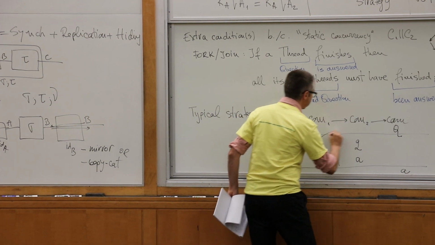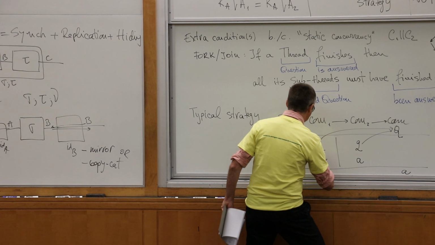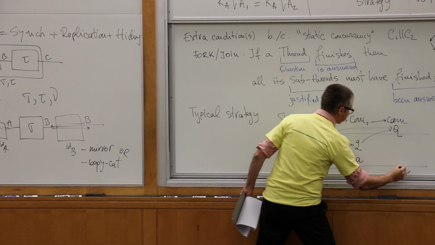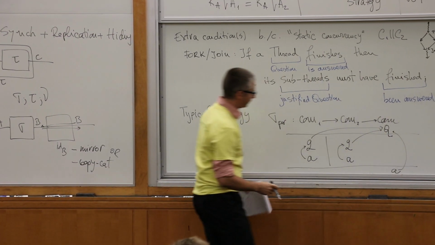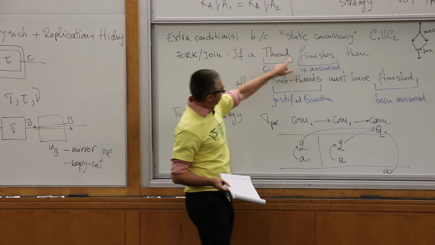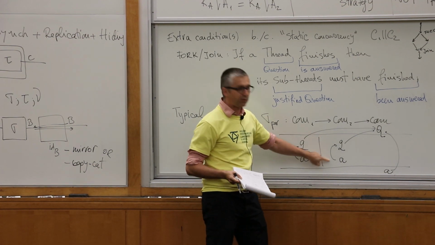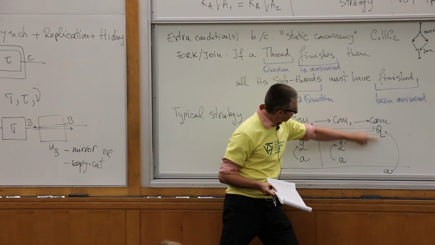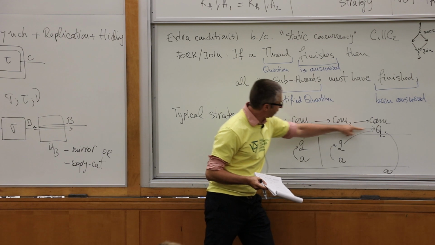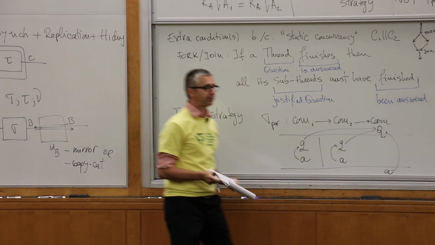So these are the justification pointers. Right? So you can see if a thread finishes, this guy is finishing, all its subthreads have finished. If a question is answered, all the questions that it justifies have been answered before.